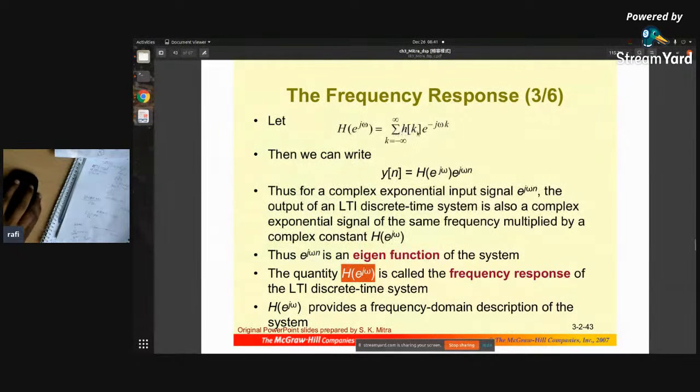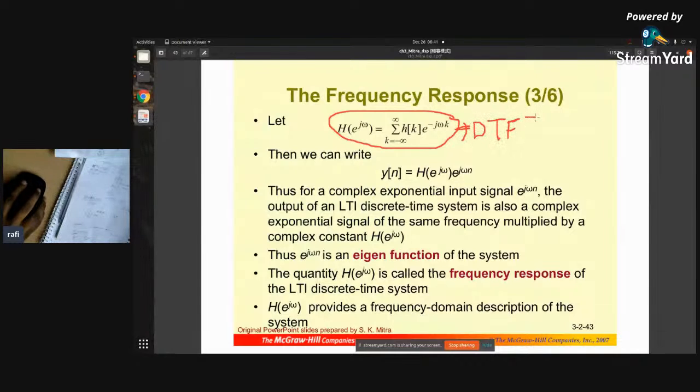If you take the DTFT of this, we call it the frequency response of an LTI system, which is nothing but the DTFT of the impulse response h of n. So this h of n, we call it the impulse response of the LTI system.